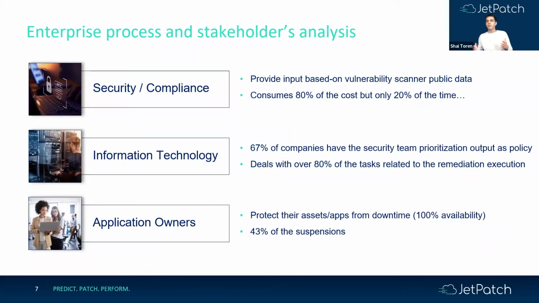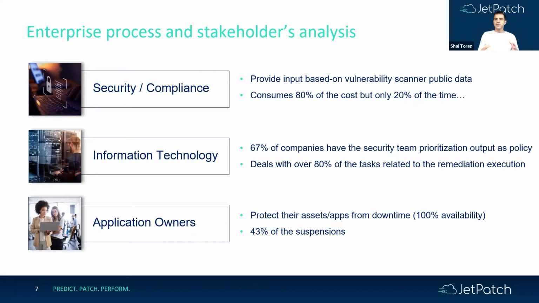The third group is the application owners. The application owner's goal is to have 100% availability. They want to protect their assets from downtime. Yet 43% of the suspensions are done by application owners. A suspension is when the application owner decides to skip a change in the system because this system is being used for something very, very important.